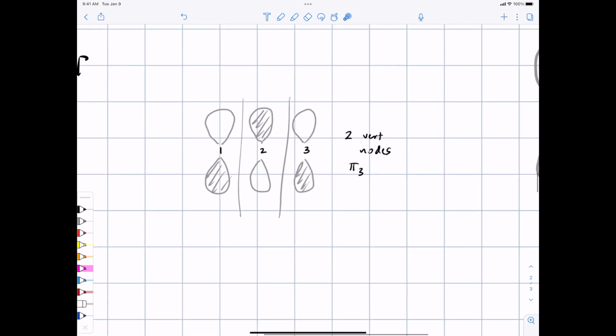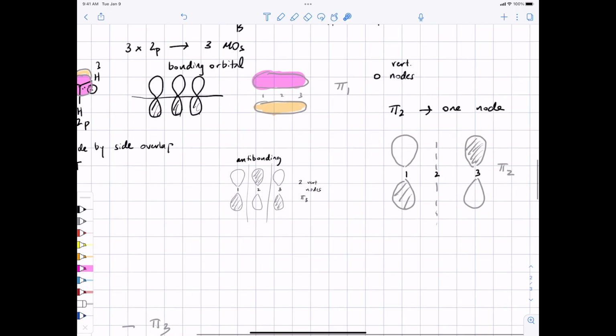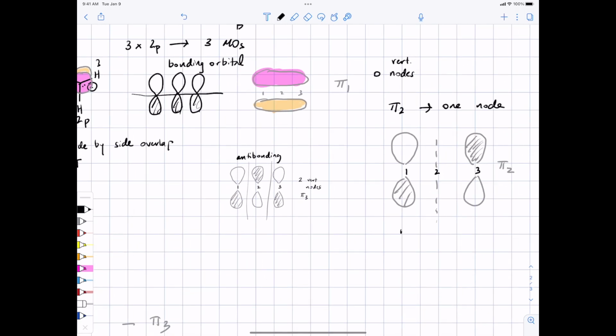Pi3 is an anti-bonding orbital, and you can tell it's that case because you've got opposite wave function sign between nuclei. And then this one we're going to call a non-bonding orbital, because if electrons are in this orbital, they're not pulling atoms together, they're just on the end atoms.